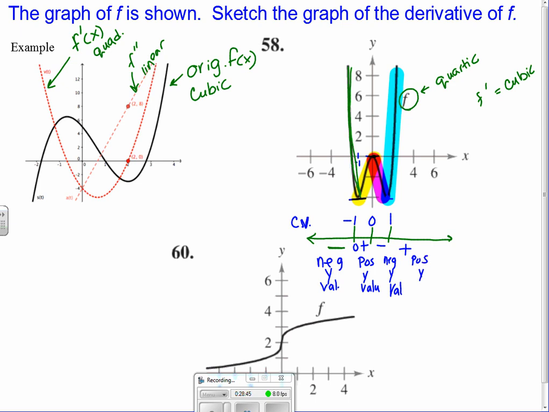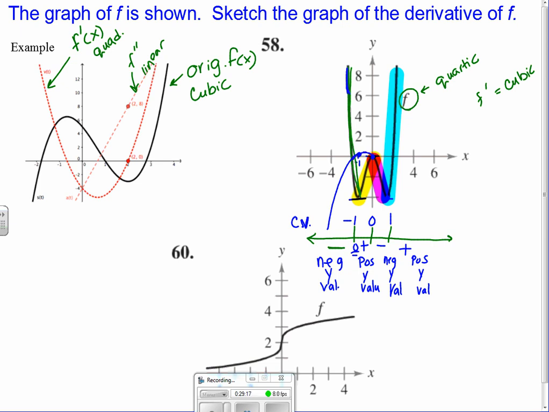It's going to tell me where my function should be landing as I plot it. So I have a very, very steep negative slope here. That means I'm going to start down low where I have larger negative values. So I'm going to be coming up. I need to strike my graph at 0 here because the slope is 0 there. Then I go into positive till I come back to a 0 slope here.